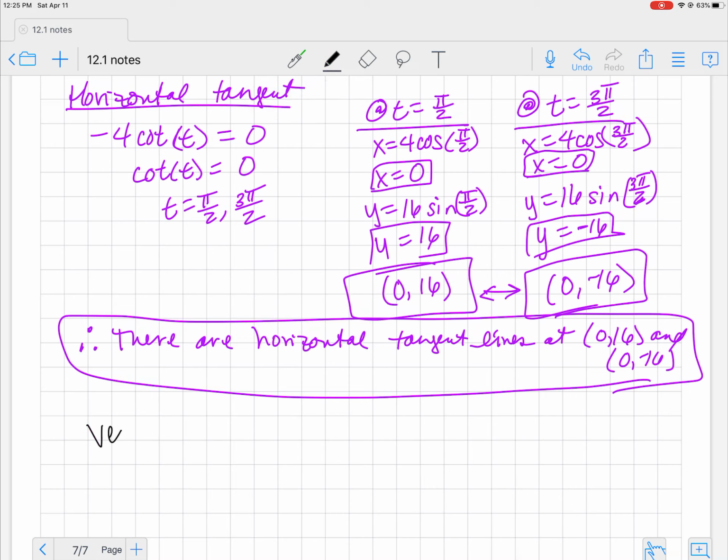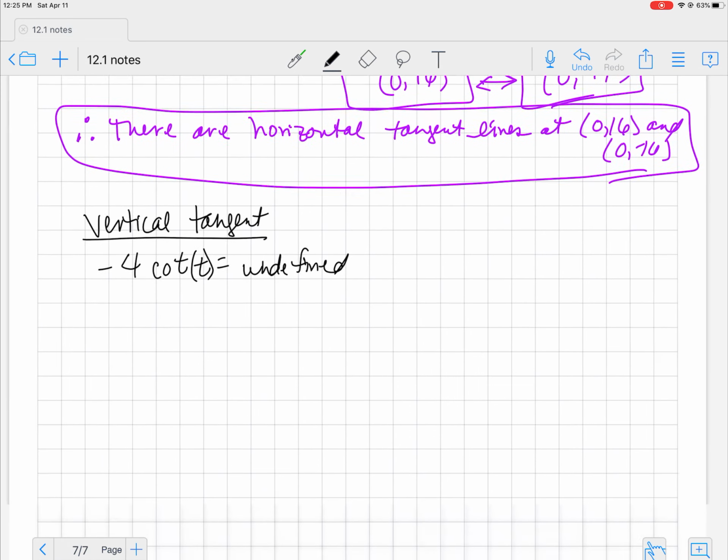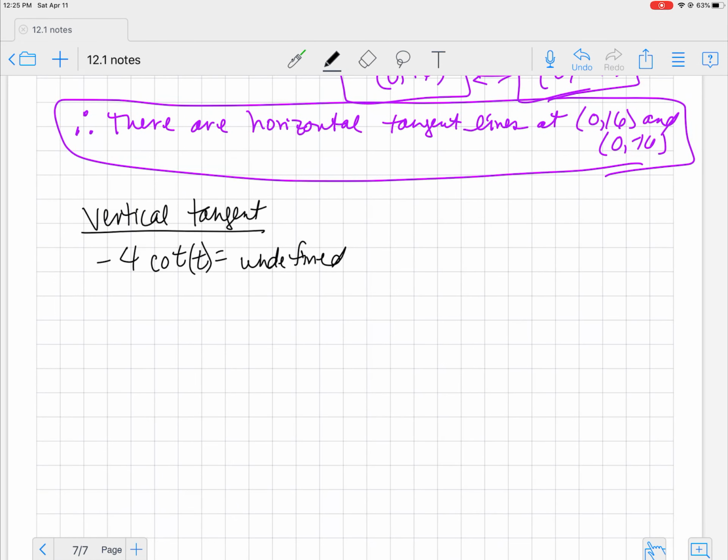Now, if I want to find a vertical tangent, this is when I want to determine where this is undefined. When is negative 4 cotangent of t undefined? That's what I'm really looking for here. Well, let's think about this for a second. I have asymptotes, right?